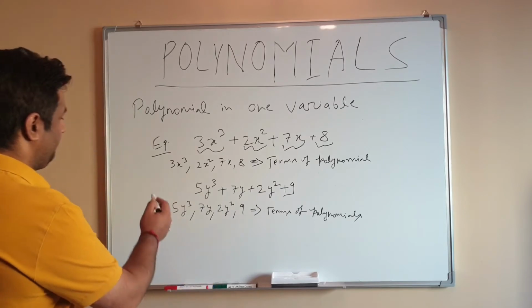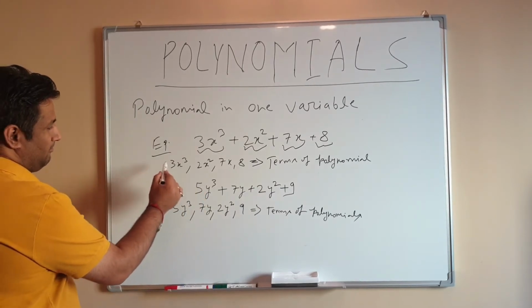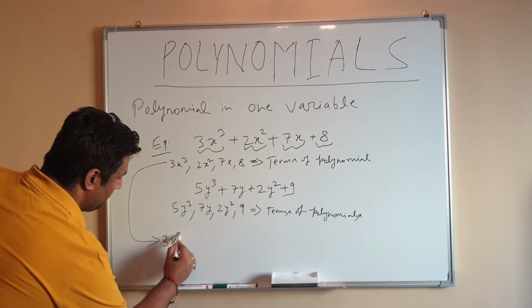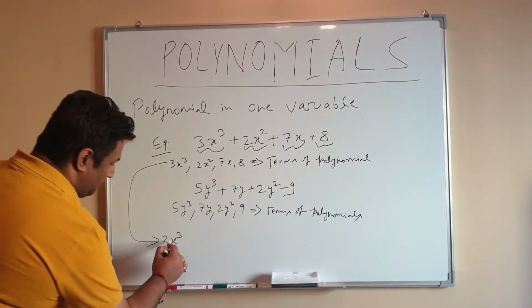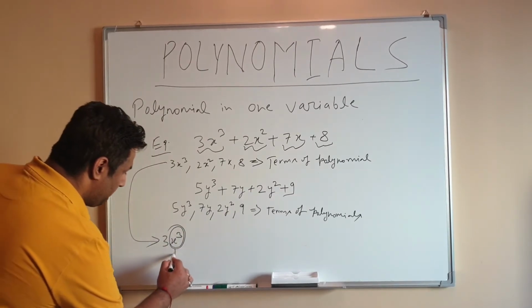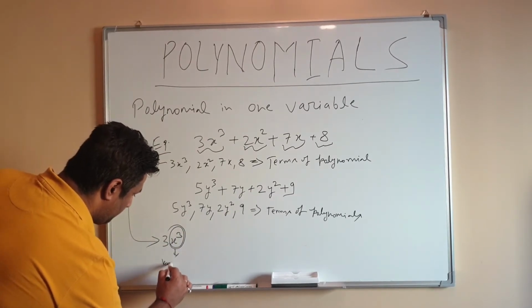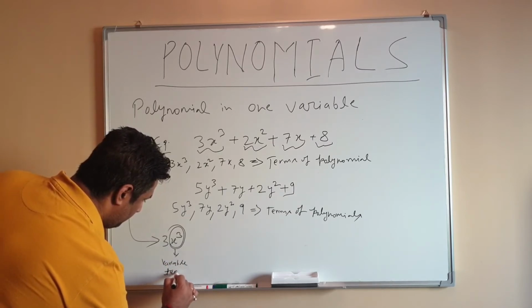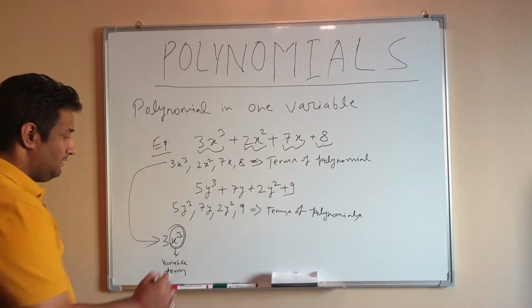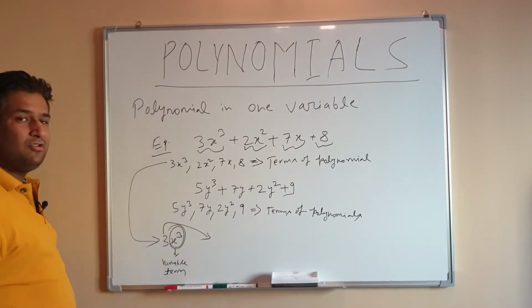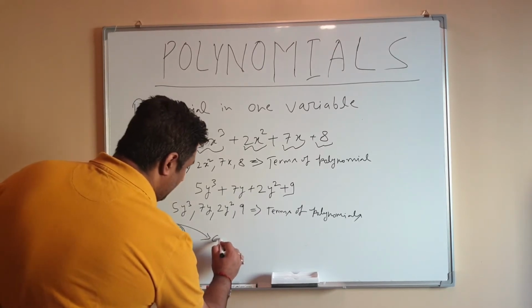Like for example, if you see this 3x cube, x cube is basically your variable term, and 3 is going to be your coefficient.